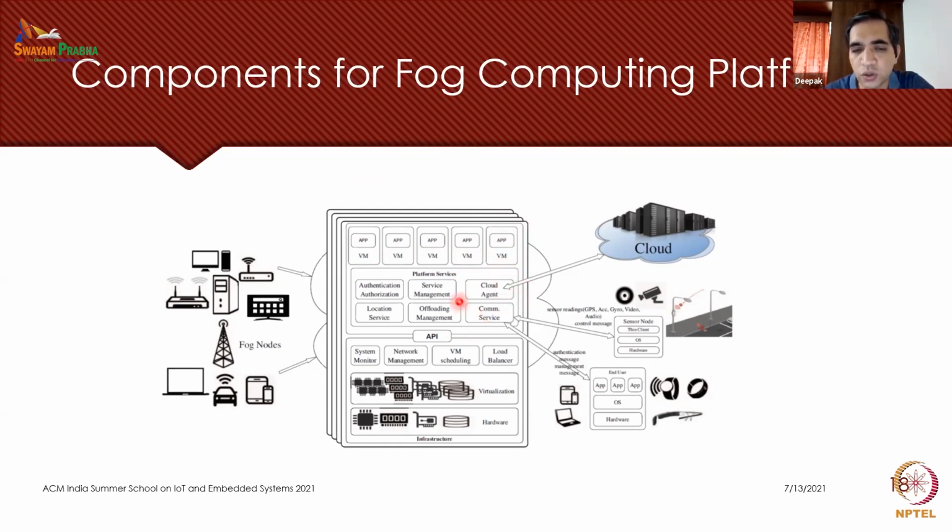Now, if there is a service or function that needs to be executed on the fog node, some resources will be allocated here, and they will execute it. Now, it could so happen that because of the resource constraints on the fog node, it might not be possible to entirely execute them on the fog node. So in that case, there needs to be a way to offload a part of this functionality to the cloud.